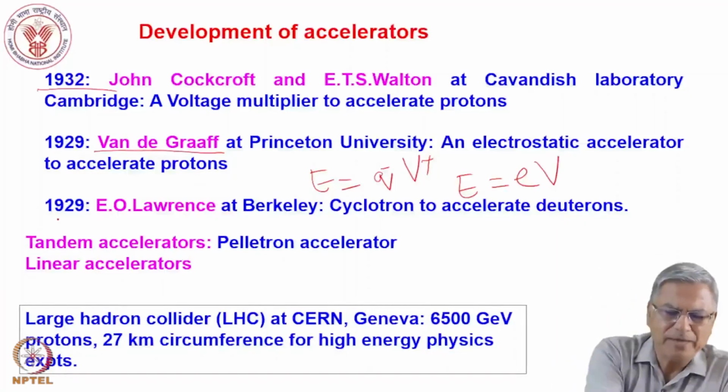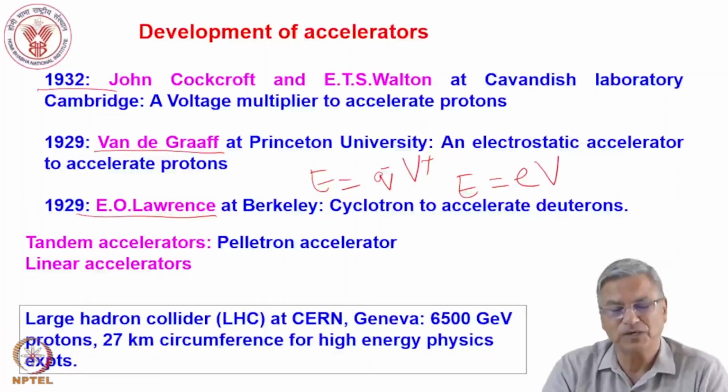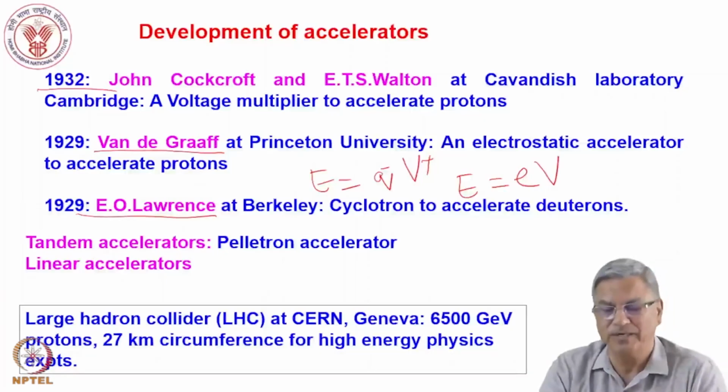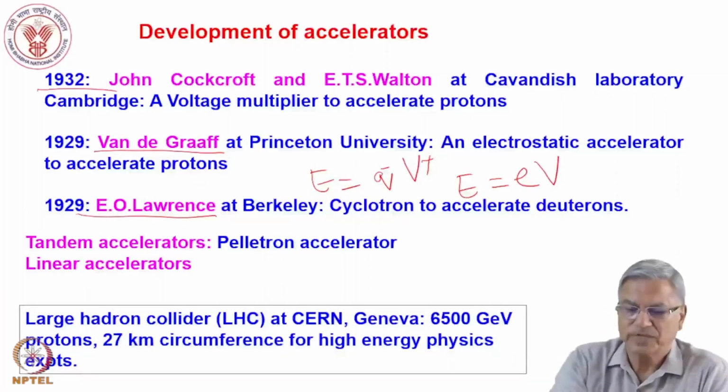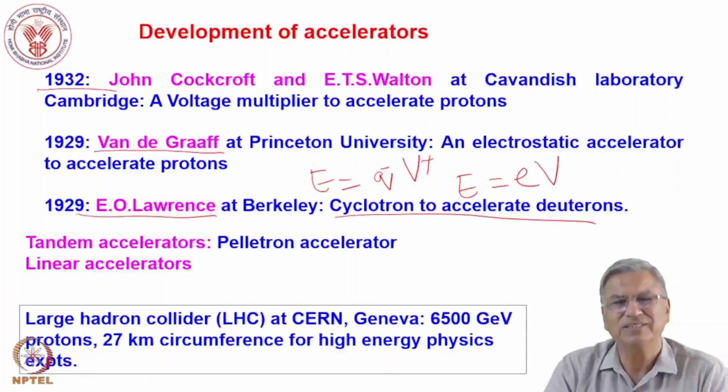At about the same time, Lawrence, whose laboratory later became Lawrence Berkeley, at the University of California, Berkeley, developed cyclic accelerators. That was called the cyclotron, which can accelerate charged particles between the Ds of a magnet to very high energy.